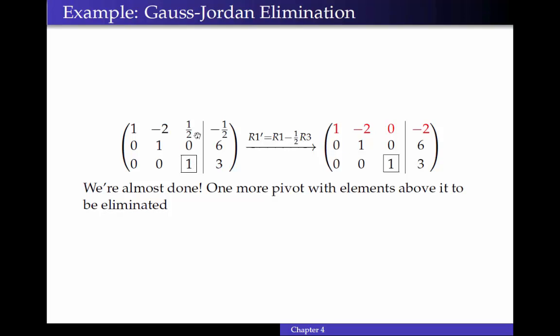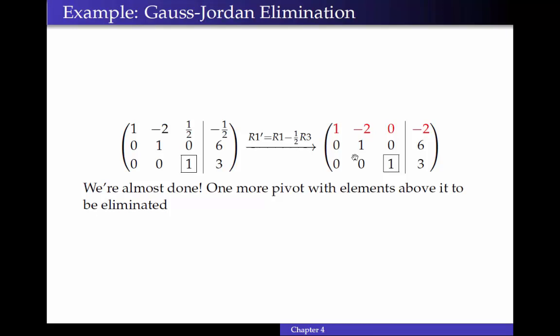Again, none of the other elements to the left of the 1/2 are going to be affected. We just start with the 1/2, subtract 1/2 to make it 0, and then we have negative 1/2 minus half of 3. So minus 1/2 minus 3/2 is minus 4/2, which is minus 2.